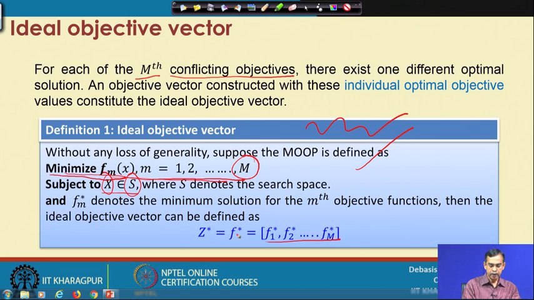If x star is optimum with respect to all of f1, f2 up to fm, then this solution is called the ideal solution, and the corresponding objective vector is called the ideal objective vector.